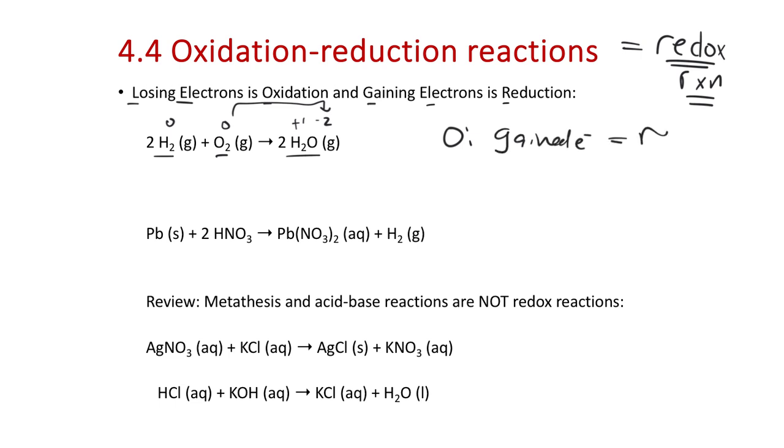Therefore, that's the reduced atom. So oxygen is reduced. The hydrogen here is the atom that lost the electron to give to the O. So the H goes from neutral to +1. So that's hydrogen losing an electron. Losing electrons is oxidation. So the H is the oxidized atom.